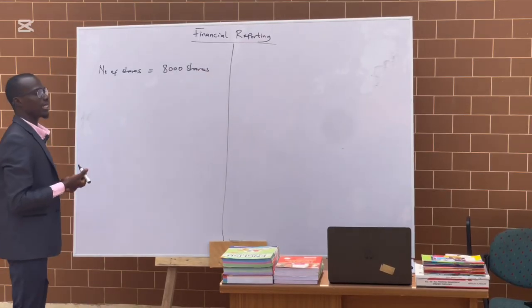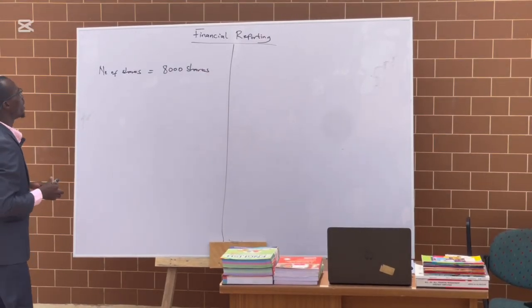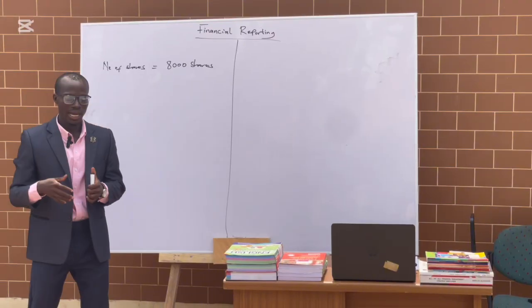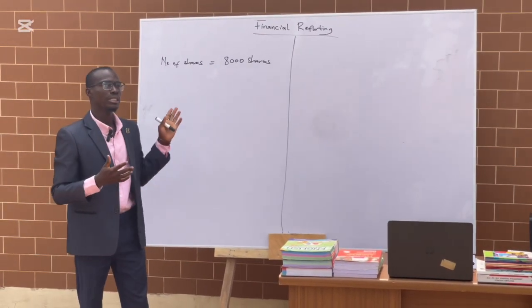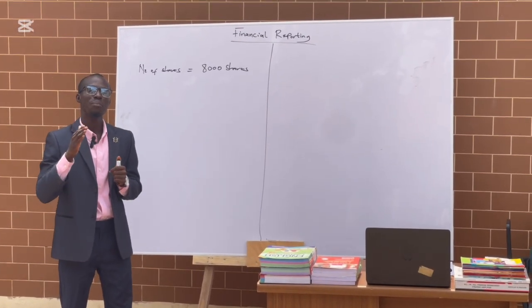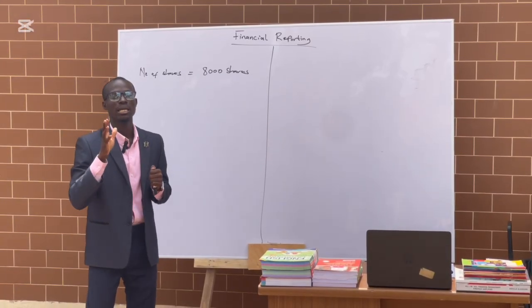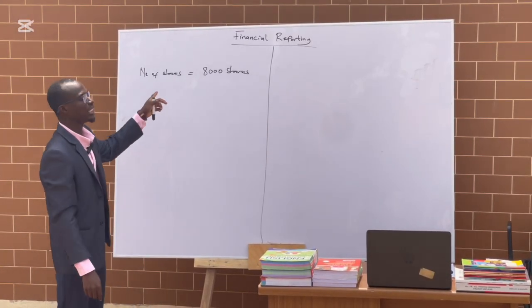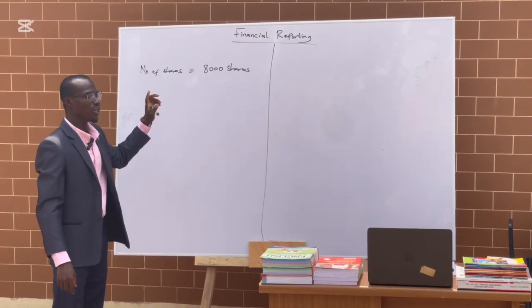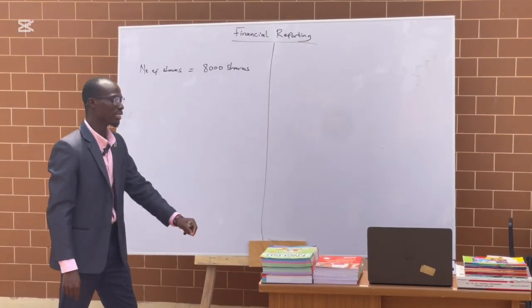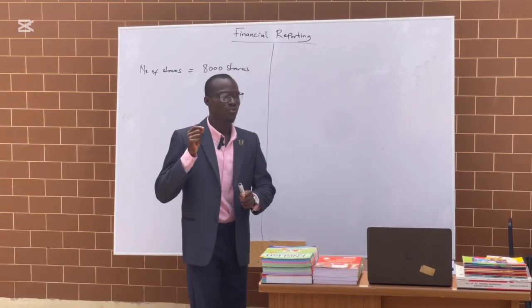I told you that anytime you are doing a share exchange, we always use the parent share price, because it's the parent who is issuing the share exchange. Based on the question, the parent share price was 4.50.